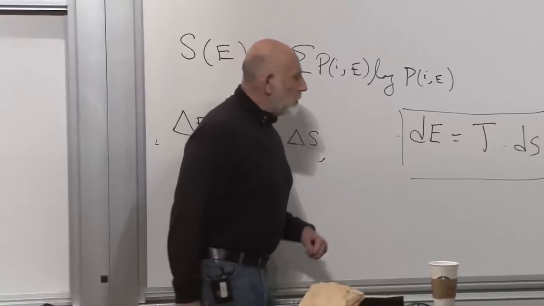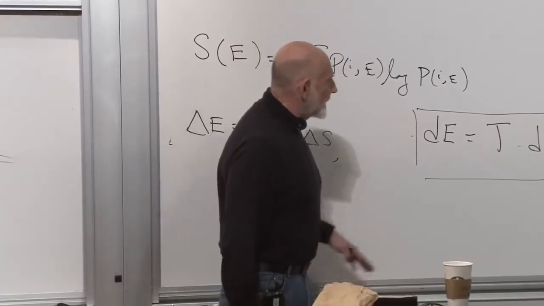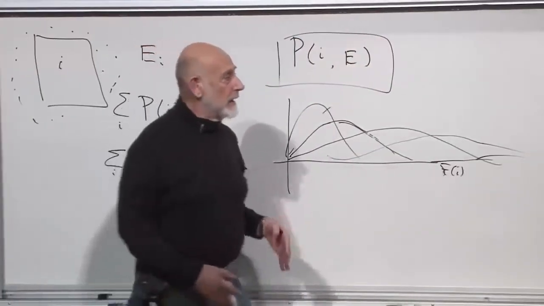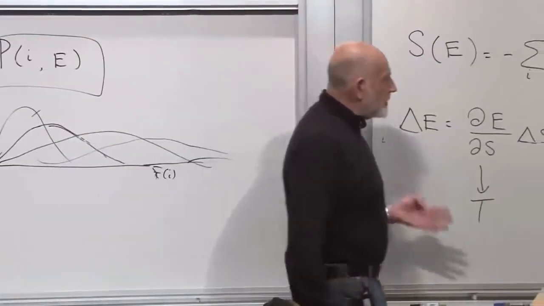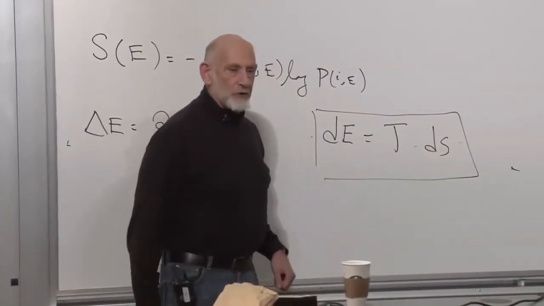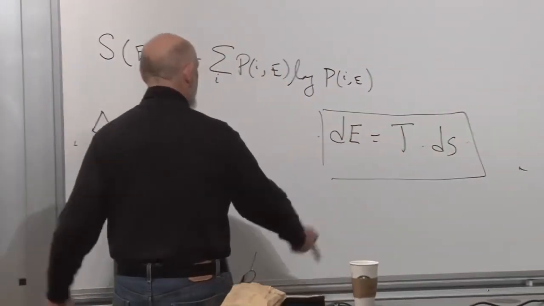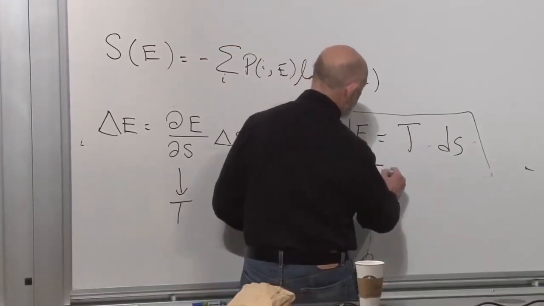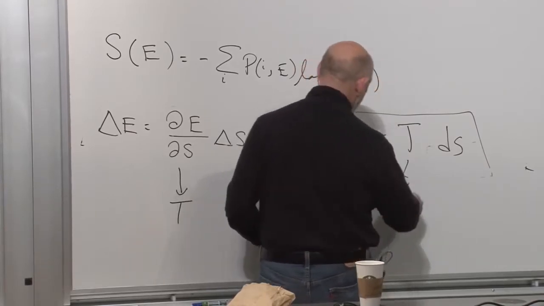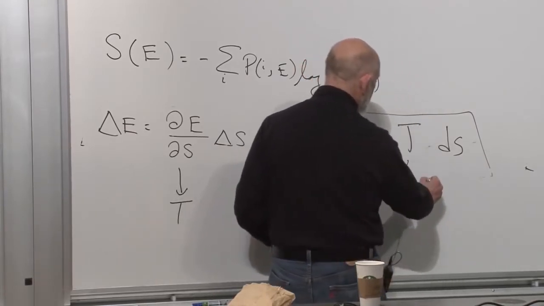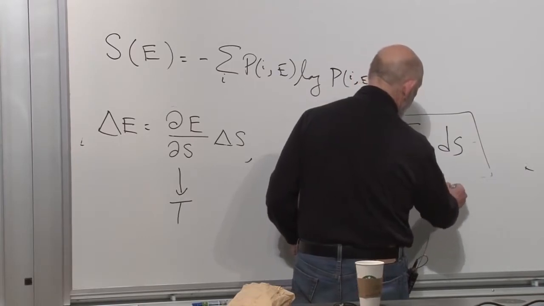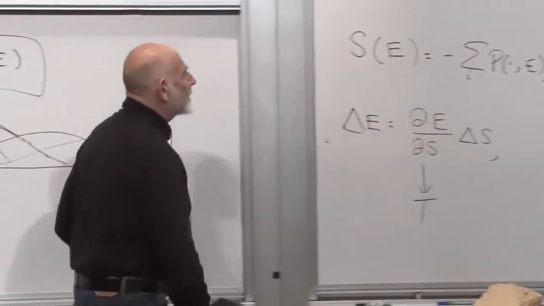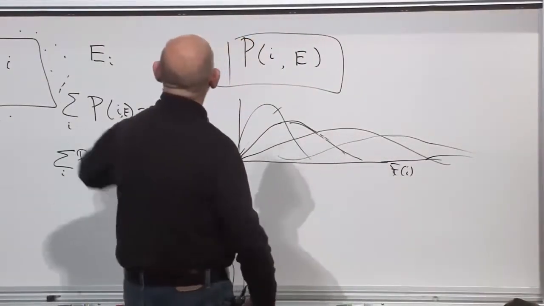One point that's a little bit interesting: if I change my units from these physical units to human units, then this formula doesn't change. Or it does change, of course, but it becomes dE equals T measured in Kelvin times dS of the Carnot, and why? Because the Boltzmann constant cancels.